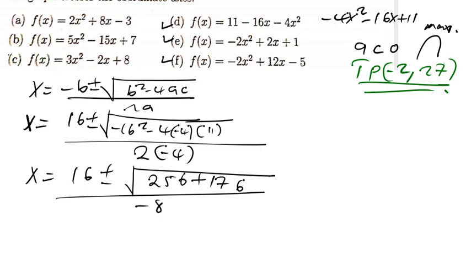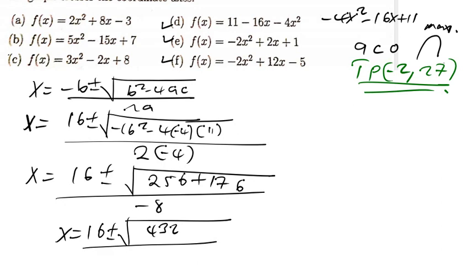So then x will be equal to positive 16 plus or minus those two inside is going to be 432. So do you think there's a square root for 432? No, but I'll leave it like that because I don't know. I'll say divided by negative 8.